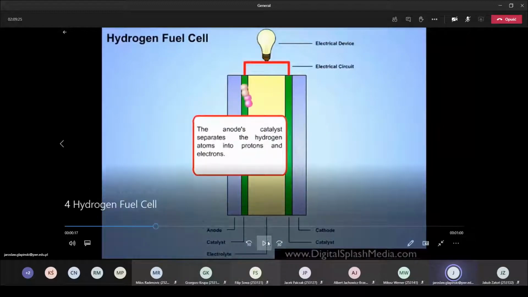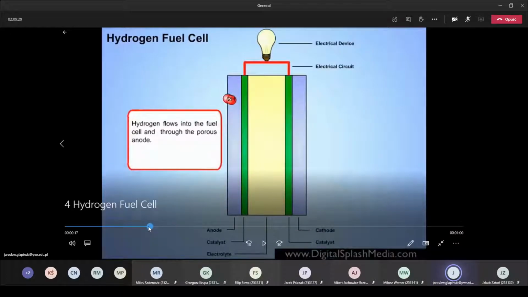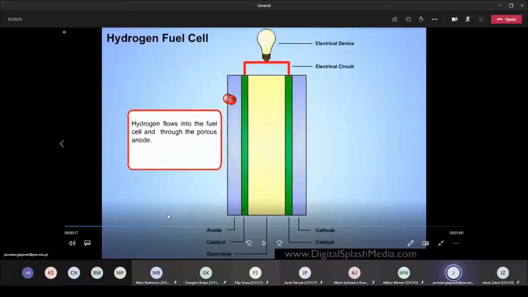Okay, a fuel cell is connected with storage of energy in gas. We use hydrogen. This is the gas which we can use to store the energy, because hydrogen has electrons inside.